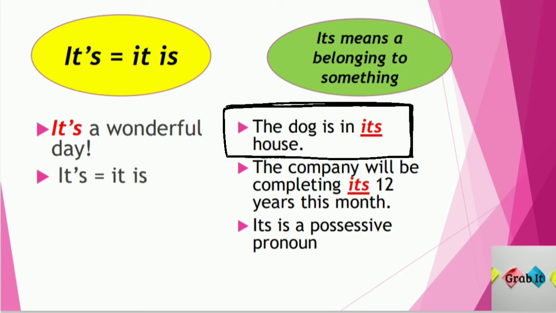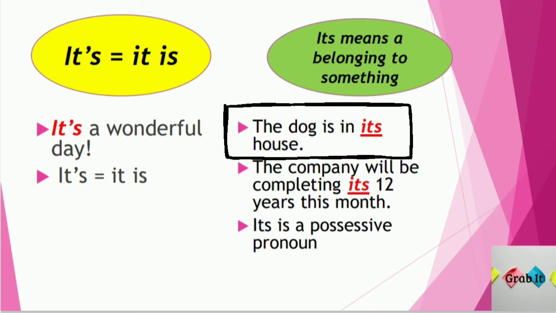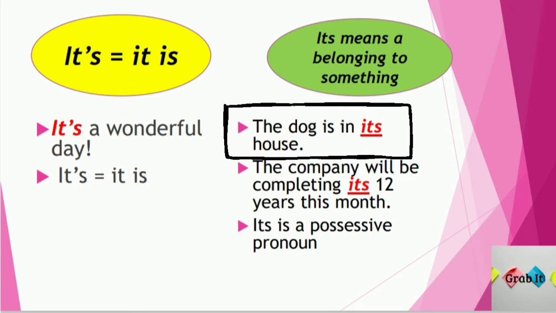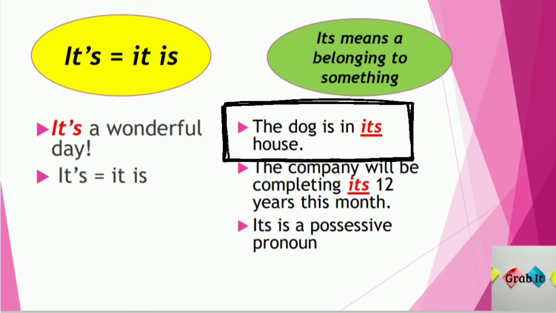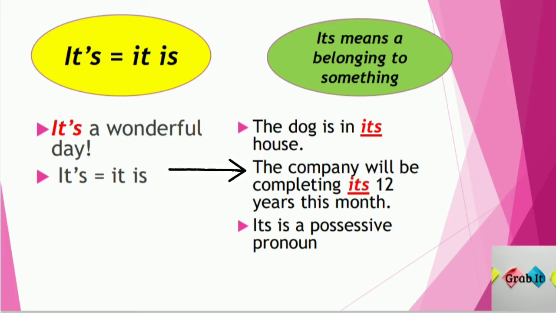The dog is in its house. Here, the house belongs to the dog. Hence, we're using its. And also, dog is an animal. So, just like we use his or her for a man or a woman respectively, similarly, here we will use its for the dog.